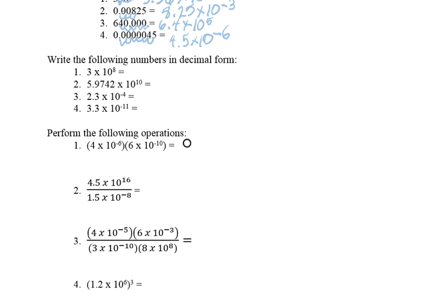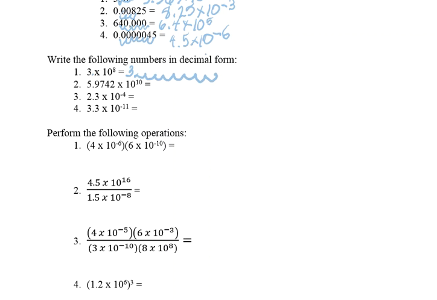So these are written in scientific notation. The number 3 has a decimal right behind it on the right-hand side. Since the 8 is a positive, this number actually is a larger number. So I have to think, okay, I need to make the number 3 grow. In order to make the number 3 grow, I'm going to move the decimal to the right. So I'll show that. Here's the decimal. I need to move it to the right 8 positions. 1, 2, 3, 4, 5, 6, 7, 8.